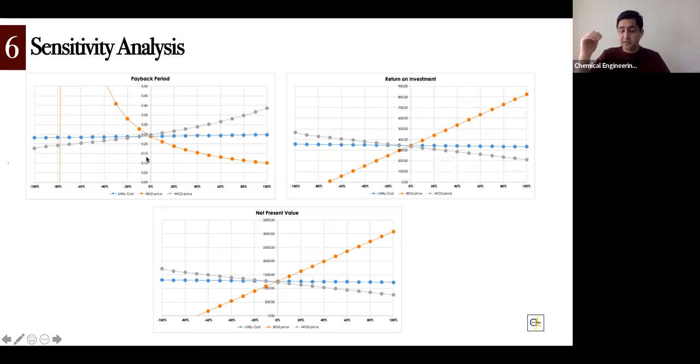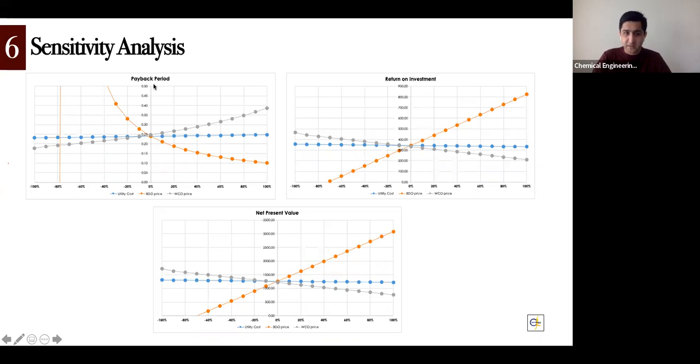So it literally decreased by almost 50%. If my biodiesel price decreased by 40%, and actually you can't see it in this graph, but if we went down to 60%, it would take us 8 years to pay back the loan that we have taken, to cover the expense, the capital investment.